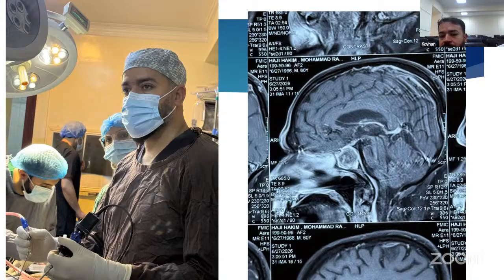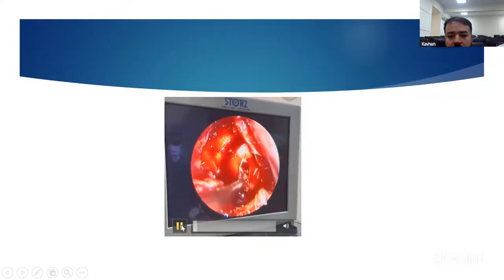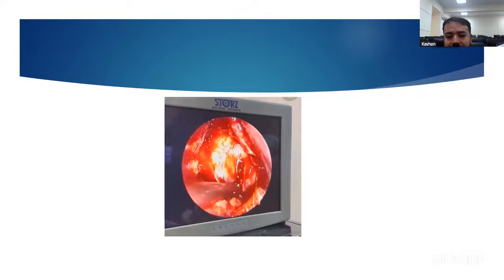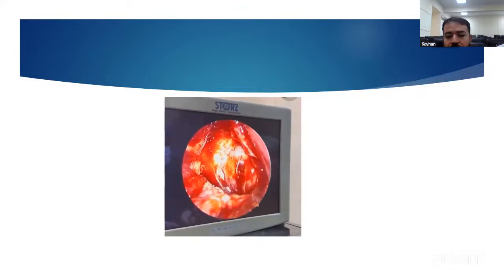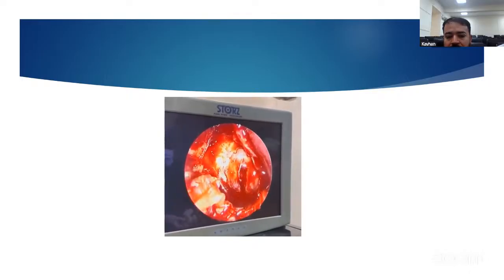We did his tumor resection, and you can see in this video, the biopsy was basically not what we were suspecting. It was a tumor which was easily suckable, but it was looking malignant in shape. It was not very cystic.